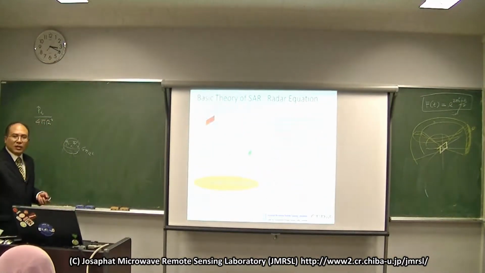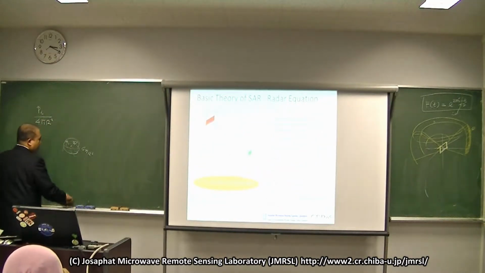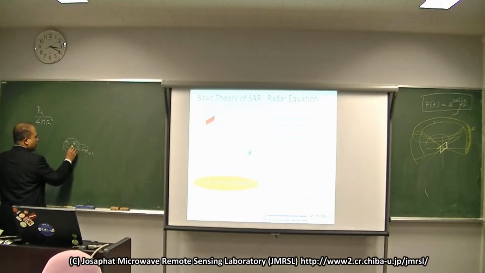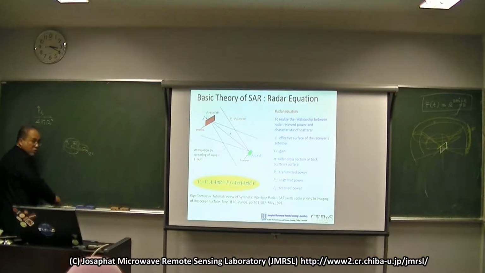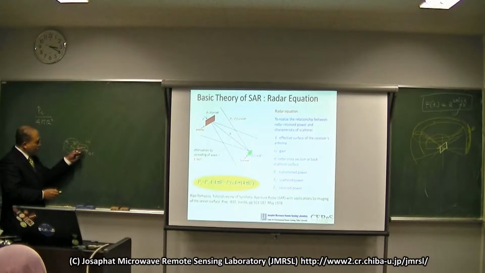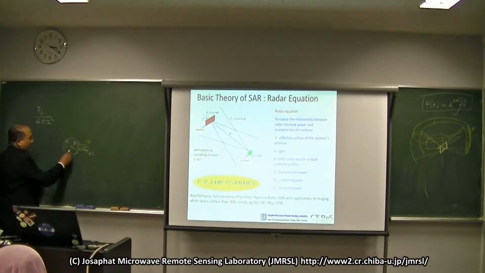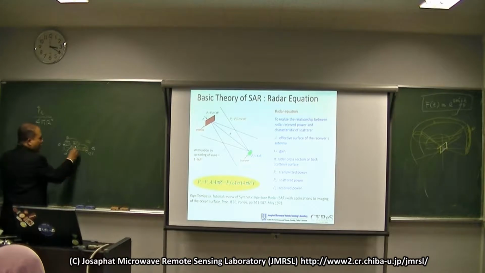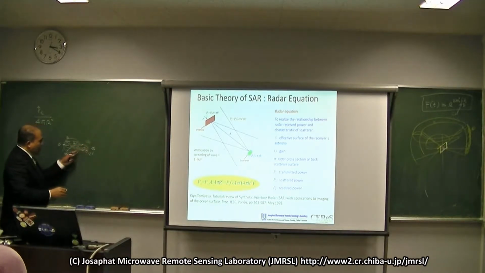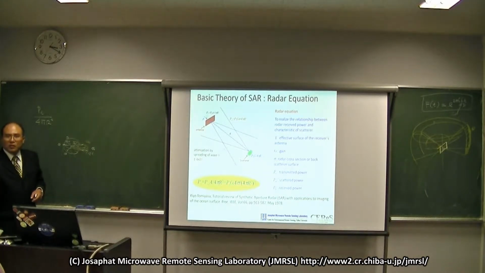The antenna has a gain. For example, the gain is concentrated toward just this direction. If you look in this direction, the wave is 0 here, 0 here, and also 0 here, but here there is gain. So you must consider where you observe.